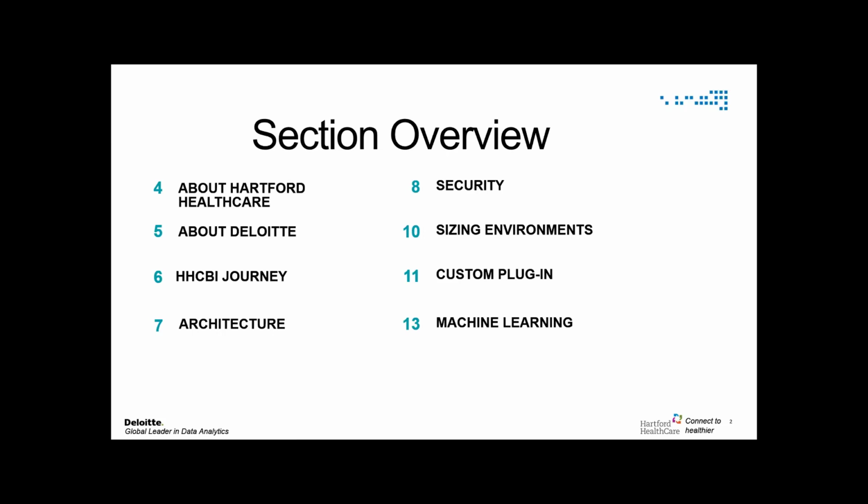So we are not touching that part, because we are assuming everybody knows how to do it. We are touching some of the design aspects on the architecture part, the complex custom security that we have built and how we have enabled it in OAC, how we size the environments, and the plugins and machine learning as well.